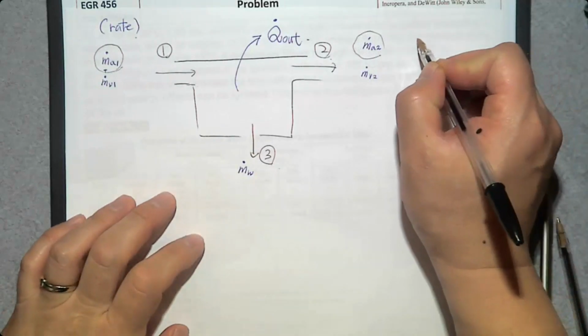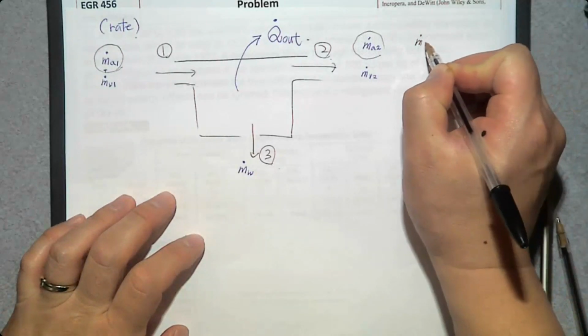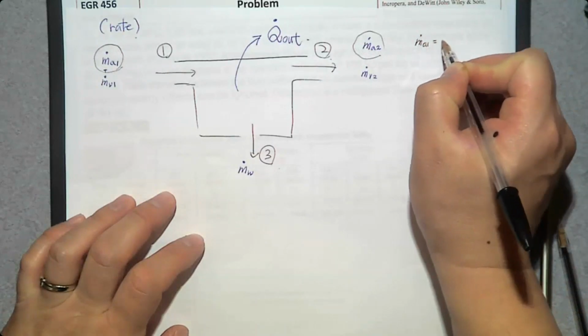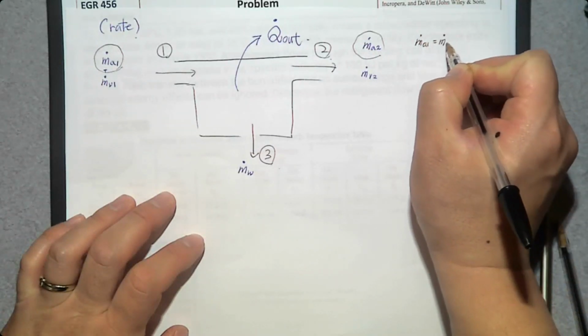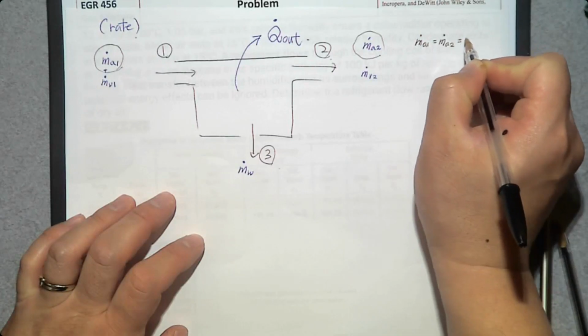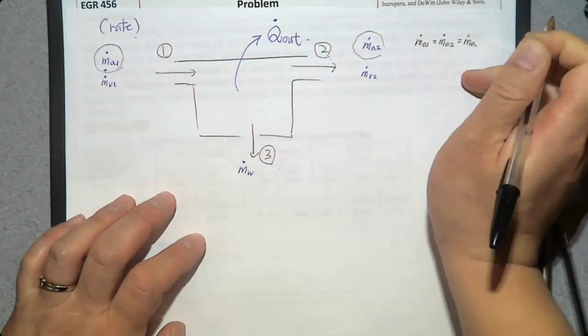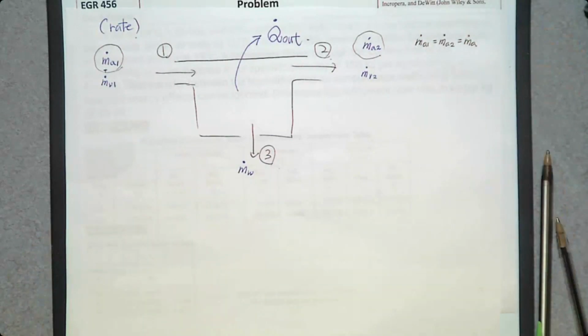So one mass balance equation is m dot of A1 is the same as m dot of A2. You can just say m dot of A, because there's no difference between the inlet number 1 and number 2 in terms of the amount of dry air.